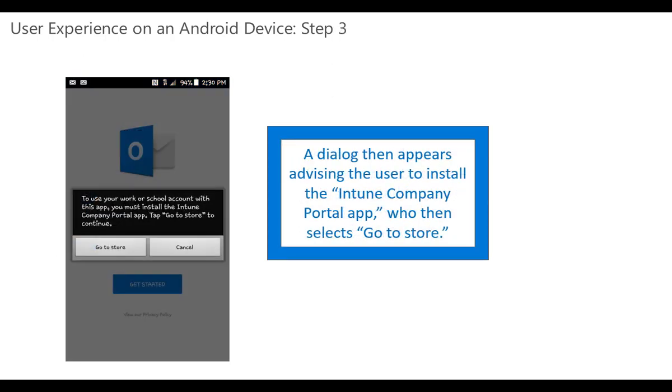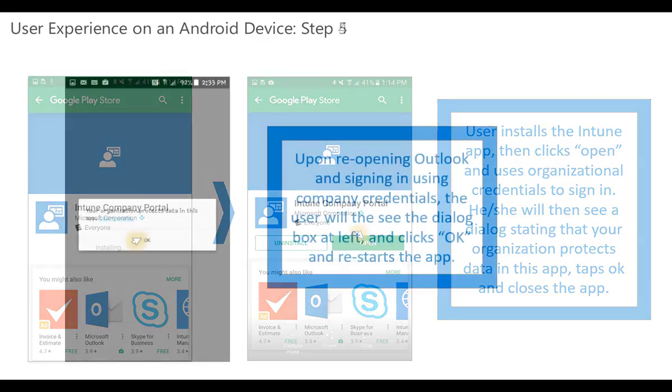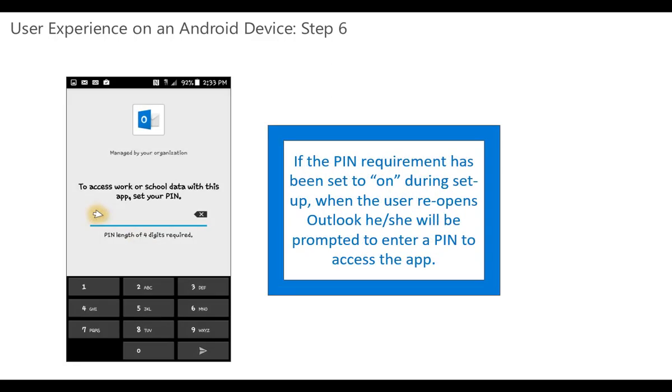Now when that happens here, they're going to be asked to install the Intune app. So they need to go to the store, they need to download that and install that, and then basically this will enroll them in the environment, in the device management for that environment, and they'll just need to reopen Outlook. And again, will be stepped through.